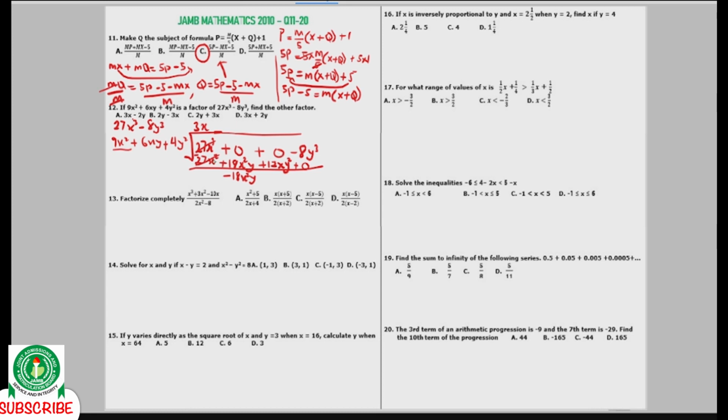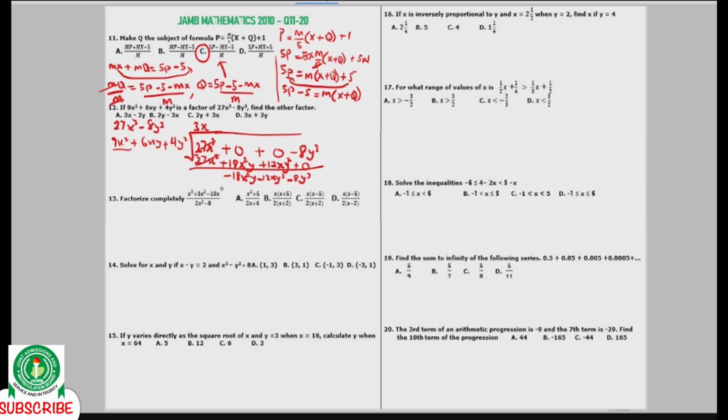Now 0 minus plus 12xy² is also going to give you minus 12xy². Then minus 8y³ minus 0 is going to give you minus 8y³. Please follow.